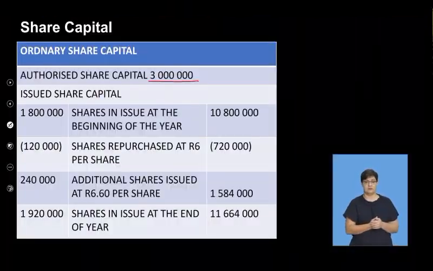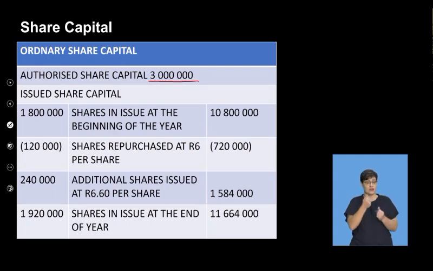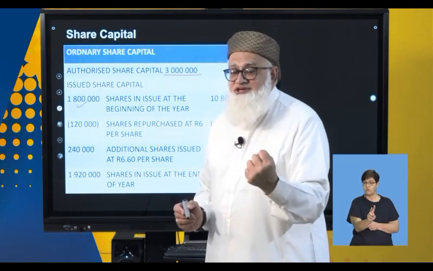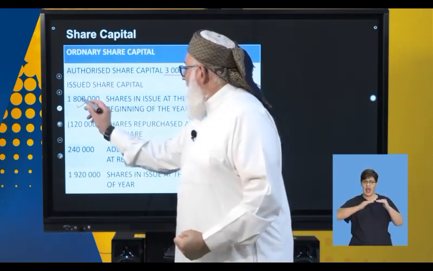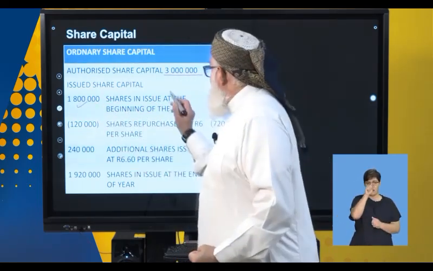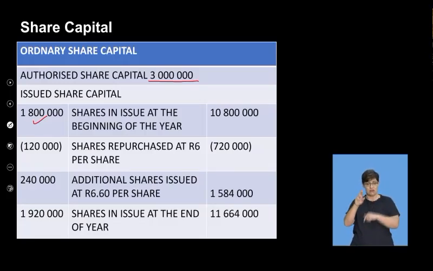At the beginning of my financial period, I was told the information was 1,800,000 shares. I can use the 6 rand as my average price: 1,800,000 times 6 rand will give you your rand value of 10,800,000.